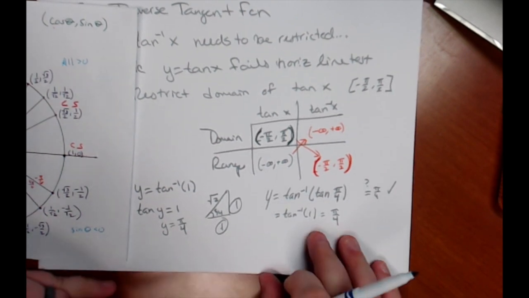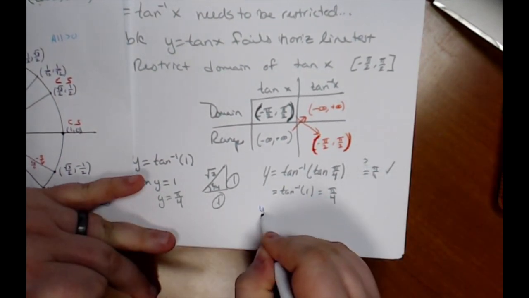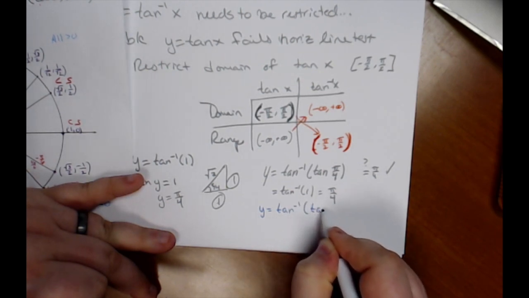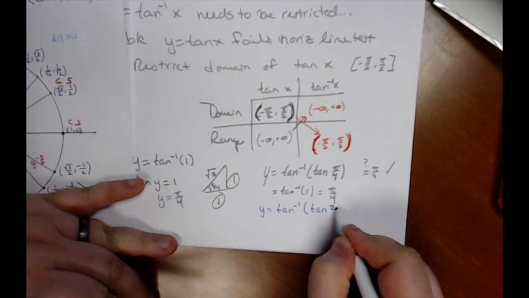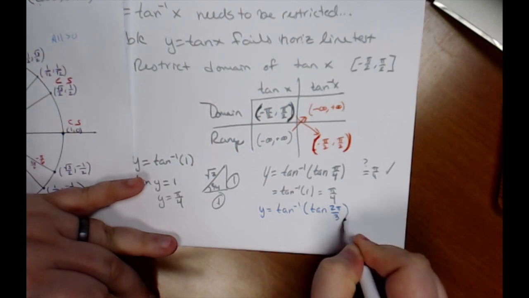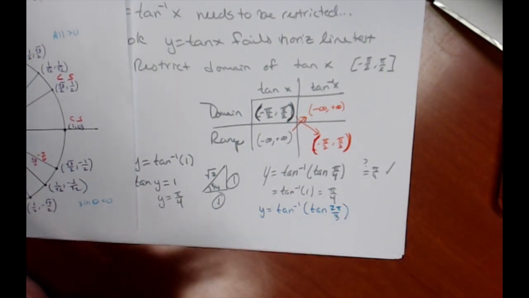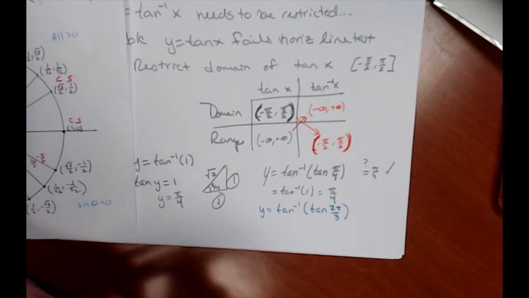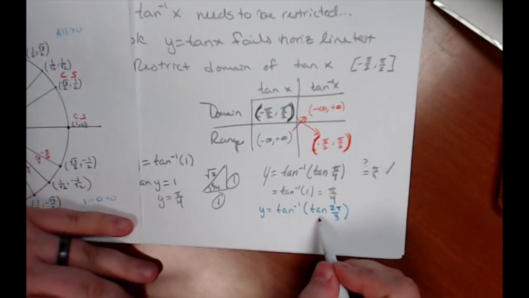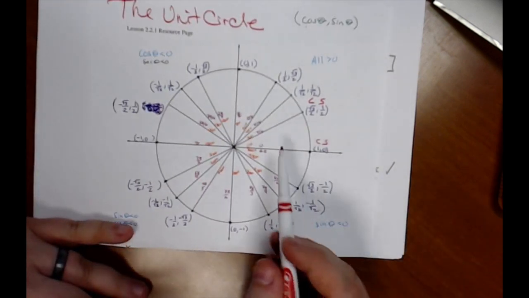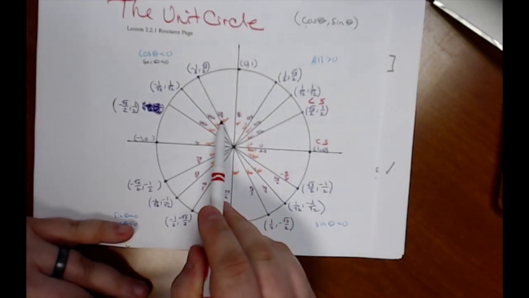Now what happens if I, for example, say y equals arctangent of tangent of 2 pi over 3? Well, here we have arctangent of tangent of 2 pi over 3. And 2 pi over 3 is over here.